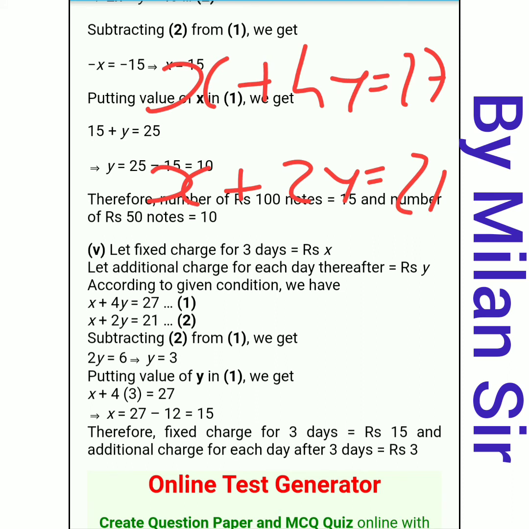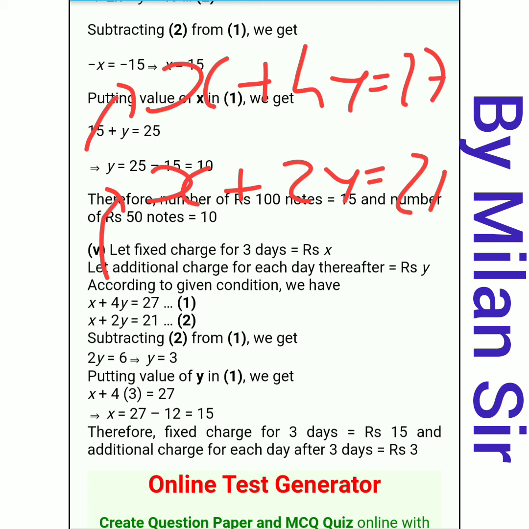Now in both these equations x is the same and has the same sign, but we want different signs. So we need to subtract: subtract equation 2 from equation 1.